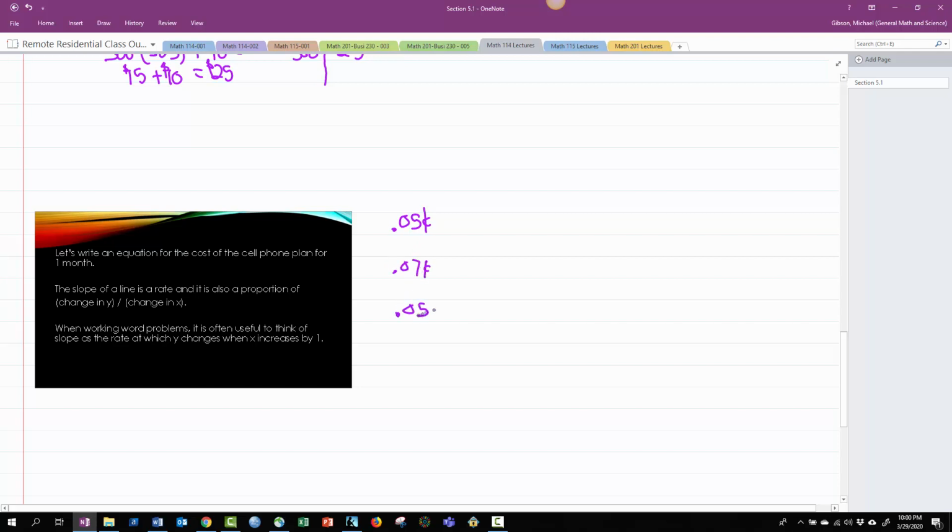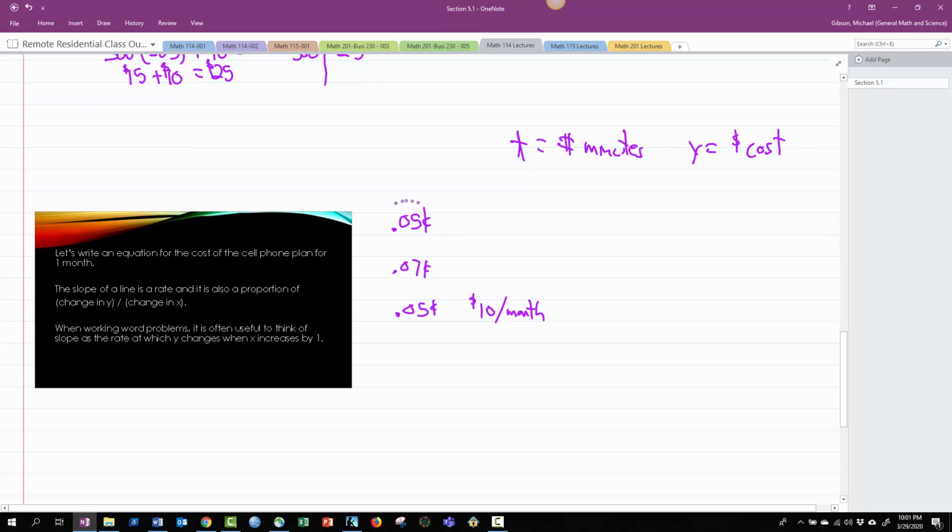And we had another one that went back to the original 5 cents per minute, but it also had $10 per month, a fixed fee. So we're going to write an equation for the monthly bill, where T is the number of minutes and Y is the cost in dollars.